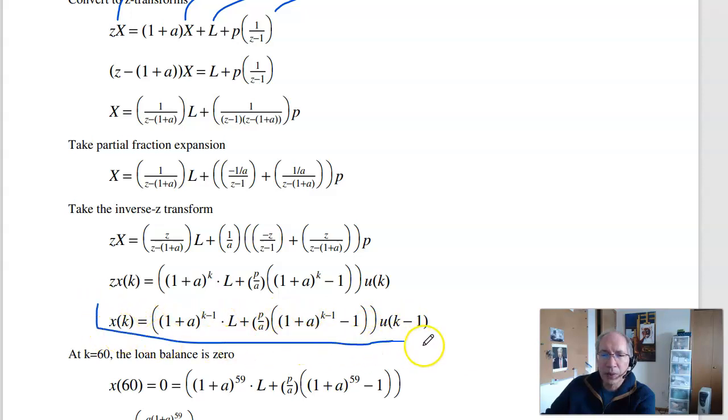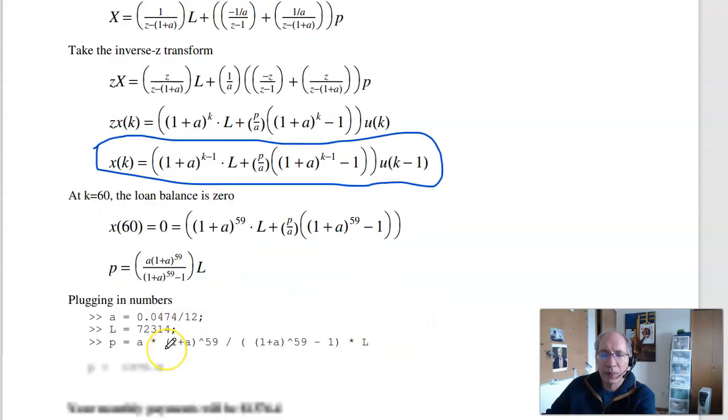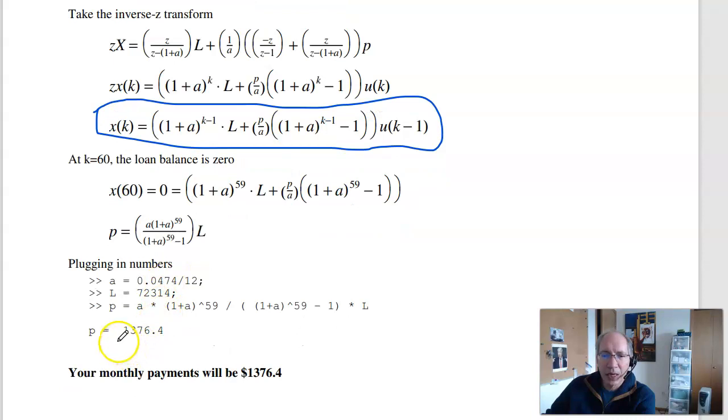So here's the general equation for how much you owe at month k. If my loan is for 60 payments, then at x of 60, my loan amount should be 0. Plugging in numbers, I can find the monthly payment. I wind up with $1,376.4. If I buy a Ford F-150 Lightning, my monthly payments are going to be $1,376, and you got yourself a Lightning.